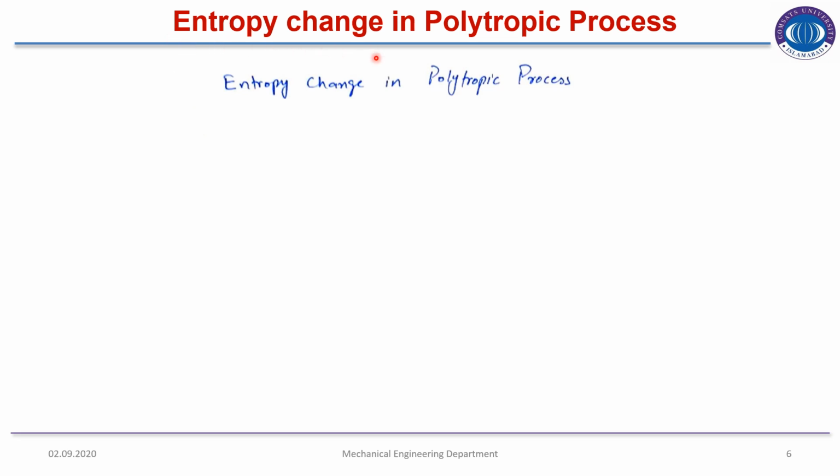Entropy change in a polytropic process. The relation for the entropy change is given by delta S is equal to Cv natural log T2 over T1 plus R natural log V2 over V1.